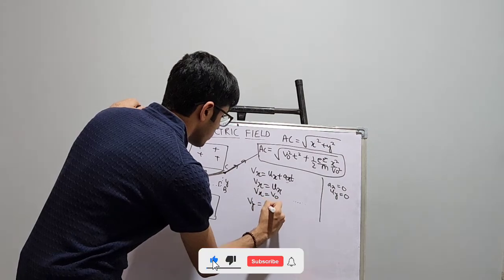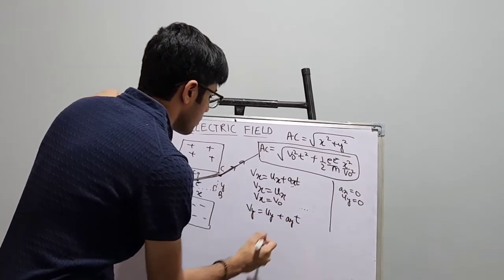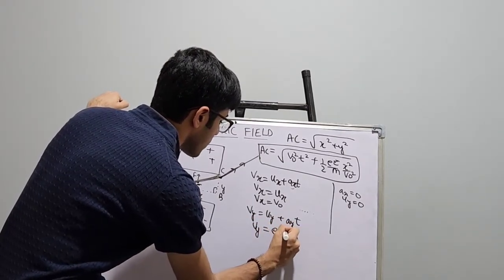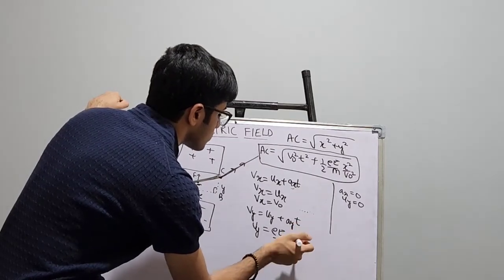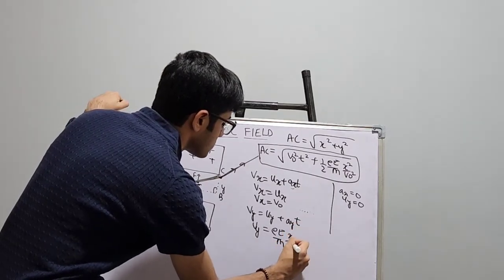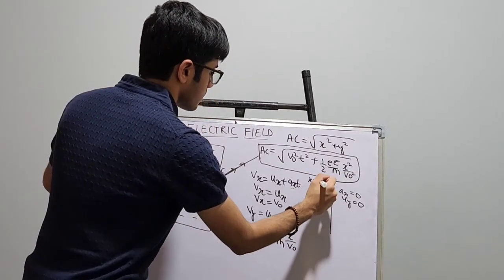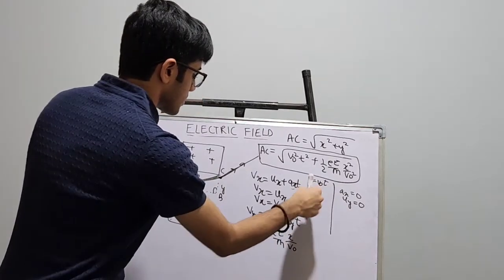V_y is equal to u_y plus a_y t. u_y is 0, so V_y is equal to a_y times t, where a_y is E by m, and since we know that x is equal to v naught t, t is equal to x upon v naught.